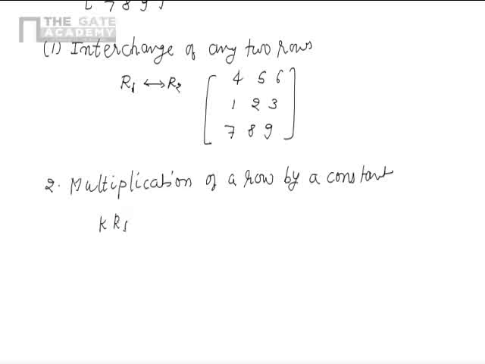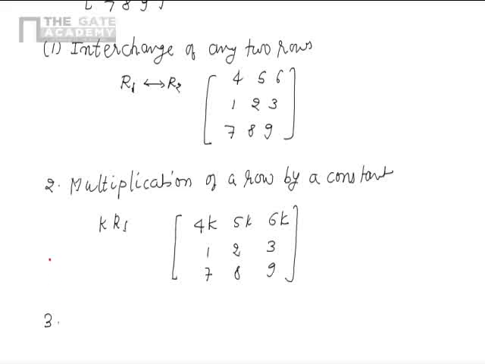So I can multiply any scalar to any of the rows. This constant k can be any number, 1 or 2, based upon the operation which we want to apply. So if I multiply k to the first row, then I will get 4k, 5k, and 6k, then 1 2 3 and 7 8 9. This operation I can apply.